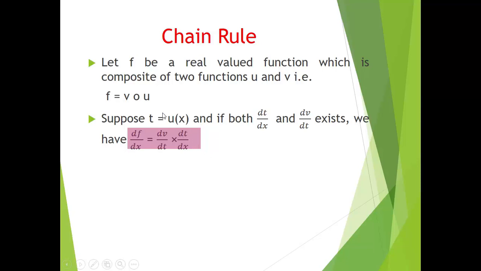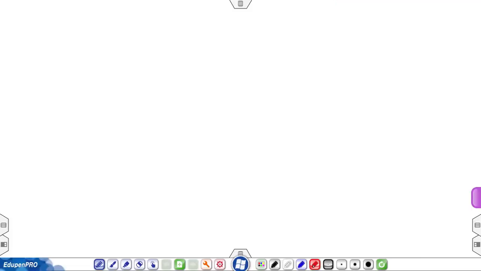This is our chain rule. Now I am going to solve exercise 5.2 of your NCERT syllabus with the help of the chain rule. Somehow I want to say something to you: without the chain rule also we can do the differentiation. I will do some more questions without the chain rule also. Now I am going to solve a question with the help of the chain rule.